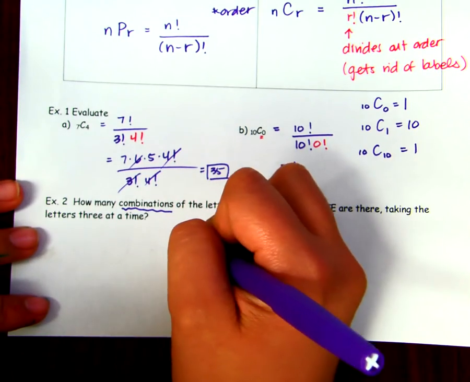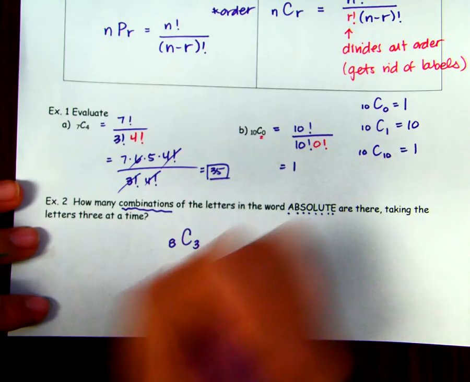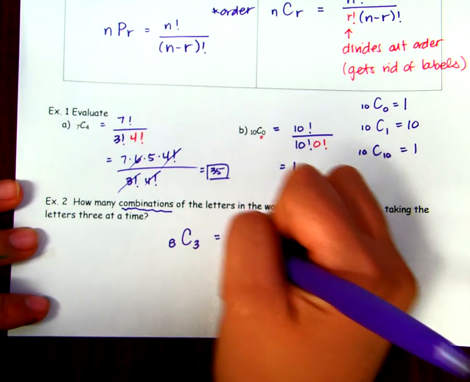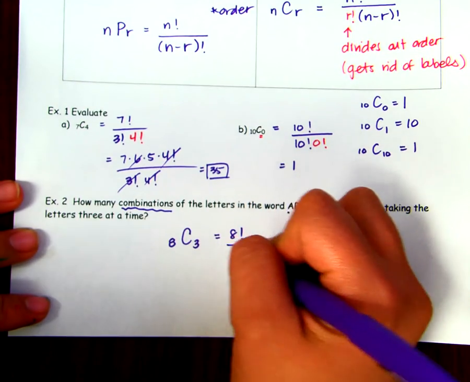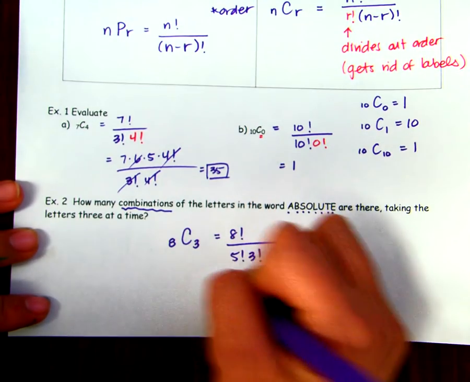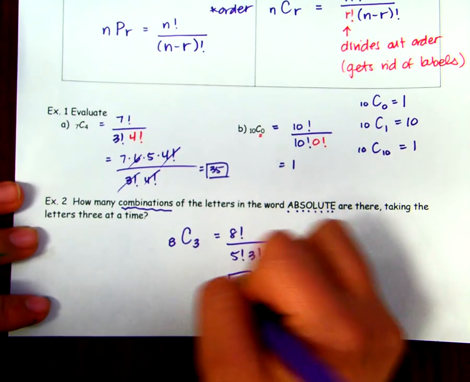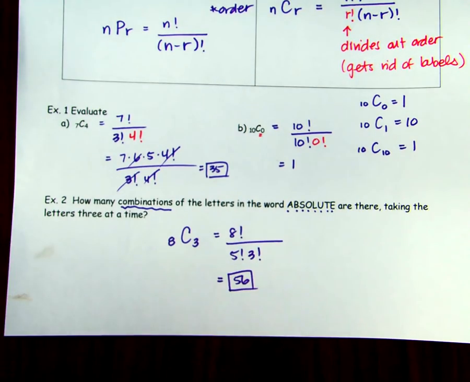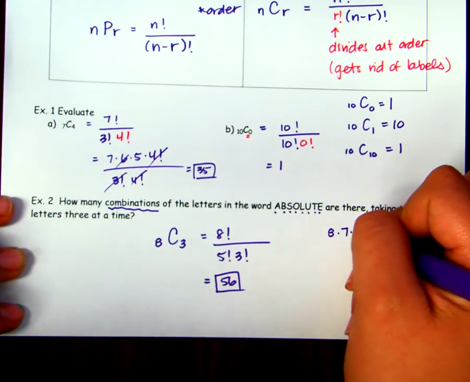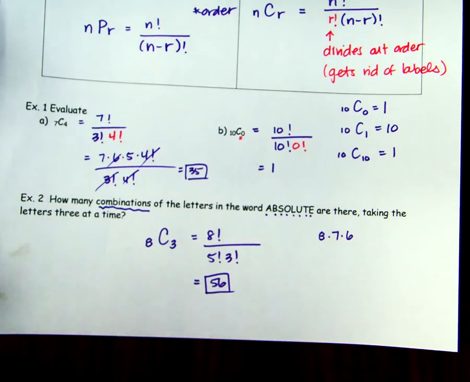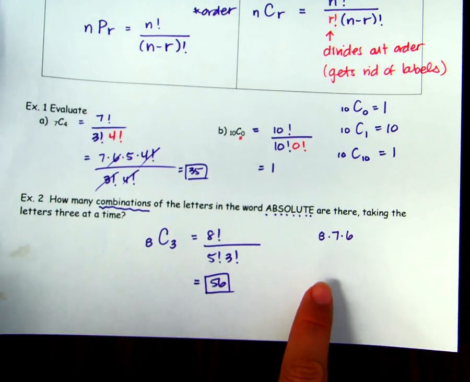So this would be 8 choose 3. This would give us 8 factorial over 8 minus 3, which is 5 factorial, 3 factorial, which ends up being 56.